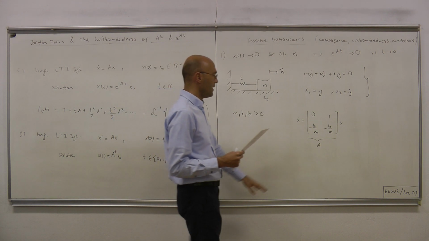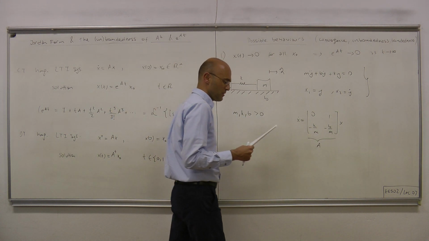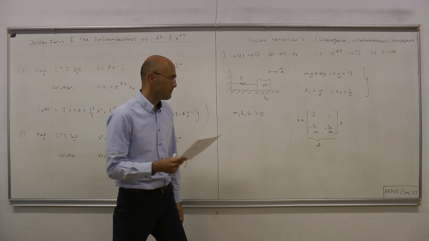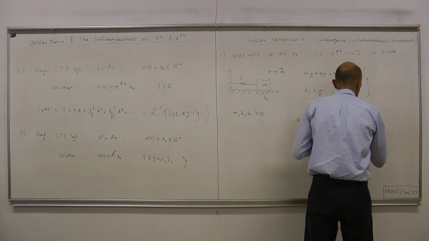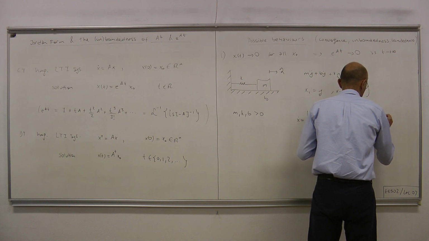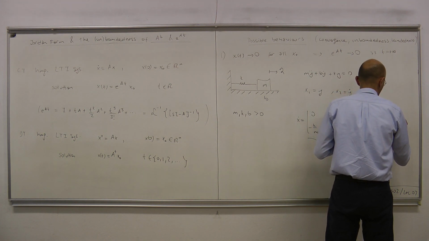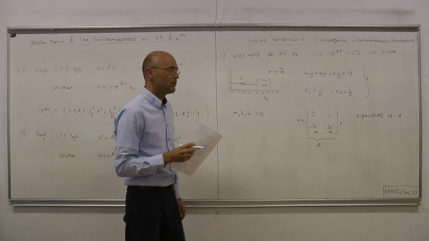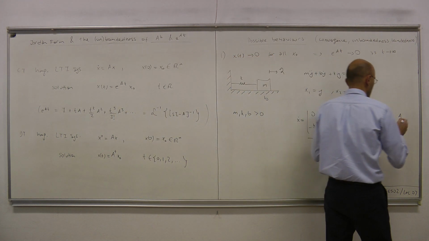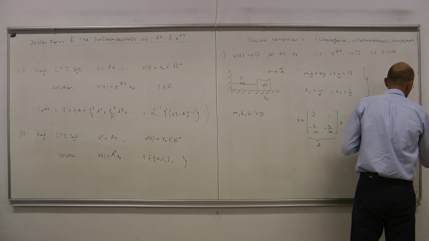So let's figure out the eigenvalues of A. Now A is a 2x2 matrix, so it will have two eigenvalues. Let's call them lambda 1 and lambda 2.